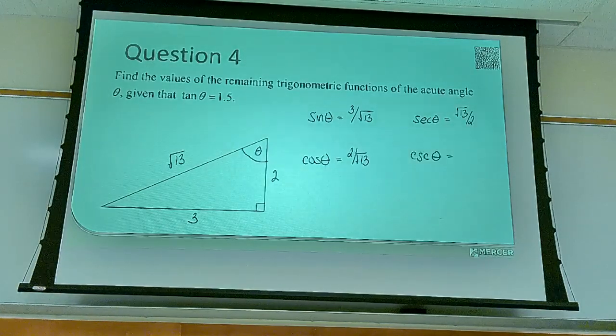Cosecant. Square root of 13 over 3. Cotangent. That was the freebie.